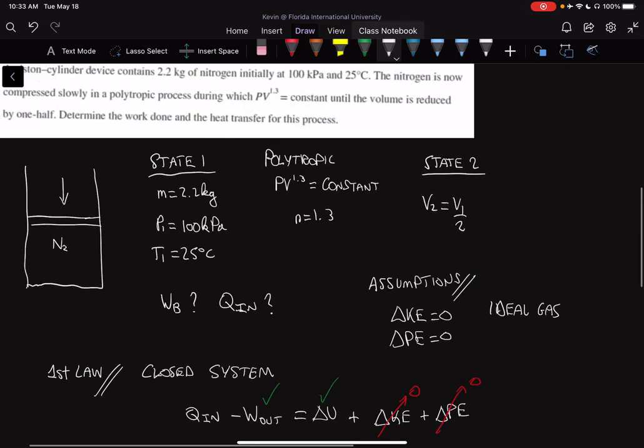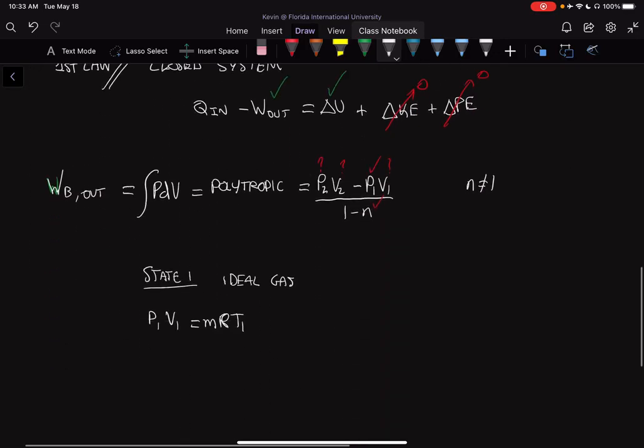And we have pressure, we have temperature, we have the mass. We're only left to find R, and then we can find V. So we can say that V1 is equal to mRT1 over P1. And we can then find R from table A1.